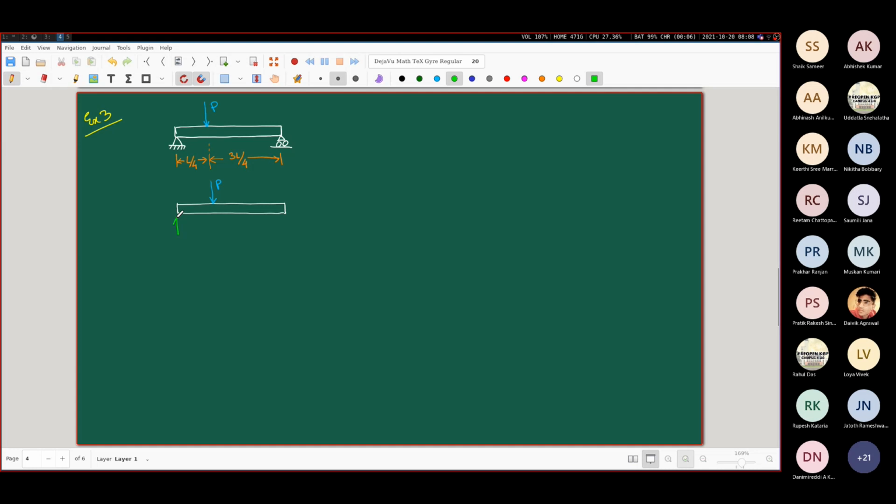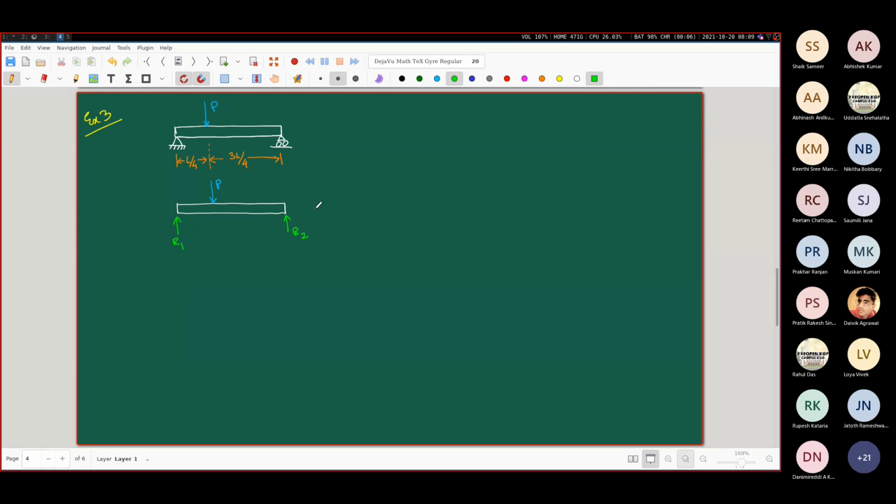There's going to be R1 here, and R2 here. There's also going to be a horizontal reaction force here, but through the simple application of sigma Fx equal to 0, that horizontal force is going to come out to be equal to 0. So tell me, what are the values of R1 and R2?